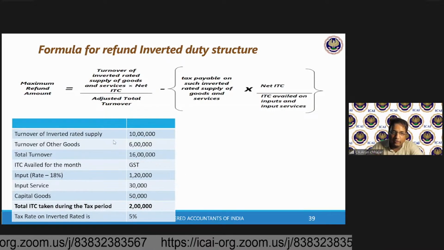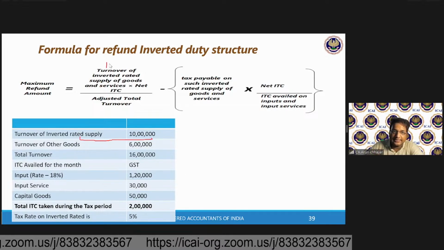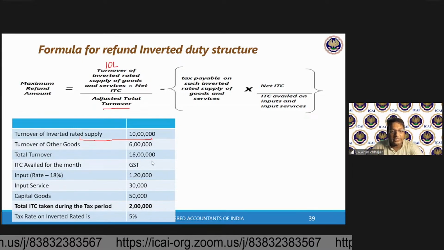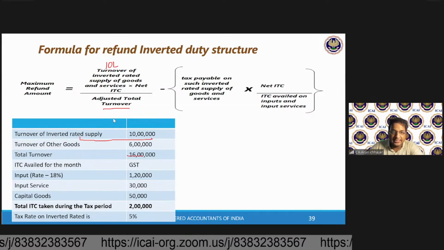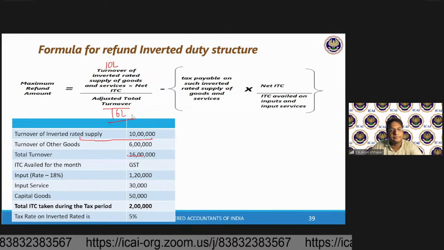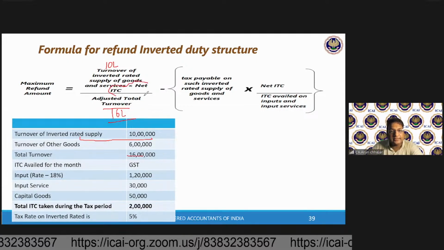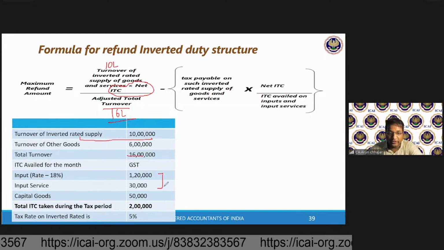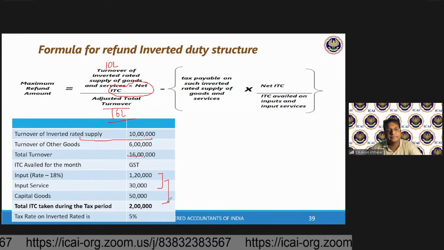What is the turnover of inverted supply of the goods? It is 10 lakh rupees. Divided by total turnover, I can say total turnover is 16 lakh. Net ITC means, is it 120, is it 150 or is it 2 lakhs?